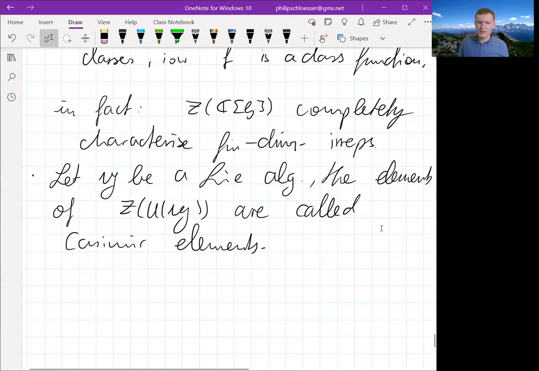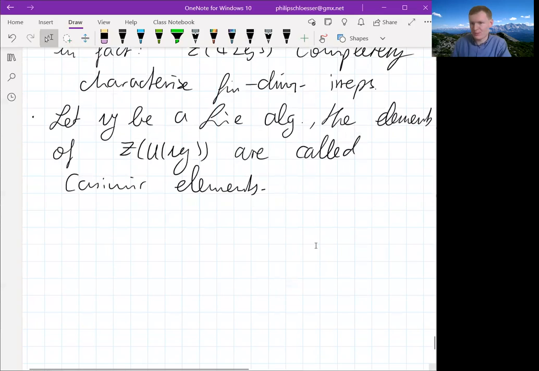In the case of this Lie algebra being SU2, for example, one of those Casimir elements would be the total angular momentum.